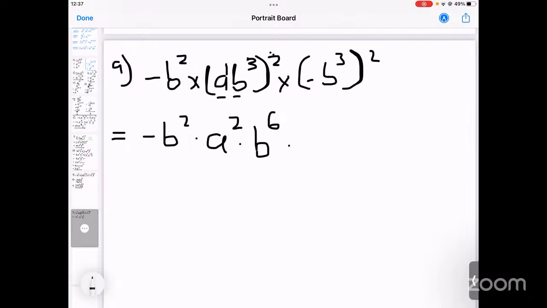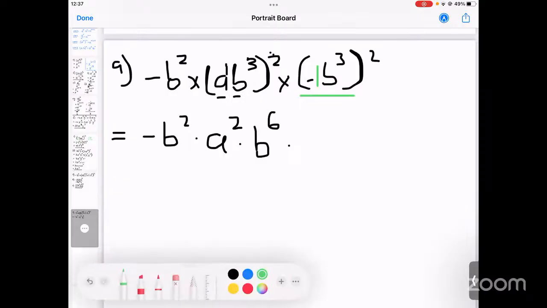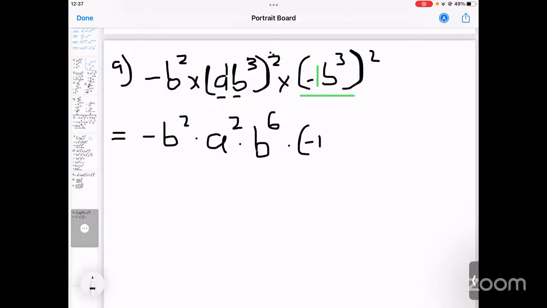And then you have this part. Now you forgot to apply it, Manahil. You see here, you have an invisible -1 there. Do you agree? Yes, sir. So you need to put it inside the brackets and say -1, you square it, and then you have your b, that times that, that's where you get the 6.